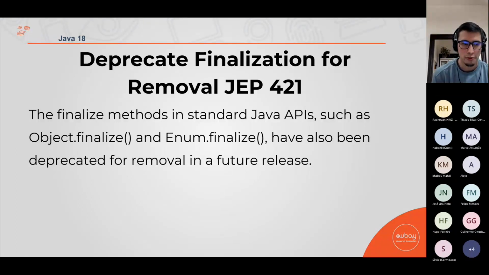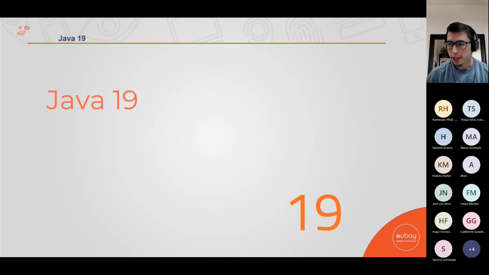But if you're using the finalize method, be careful because you should not do that. This is deprecated for removal, so this method will not exist anymore. And why? Because this method is not very safe, okay? So if you're using finalize, you should migrate to another approach, maybe try-with-resources and cleaners, okay? And that's it for Java 18.